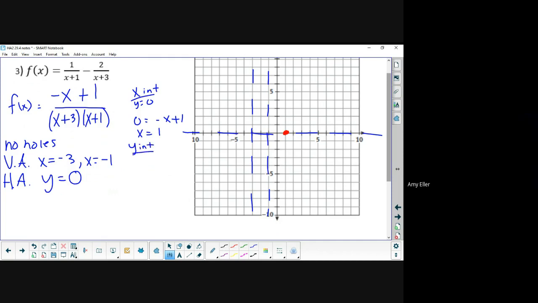Do your work and make sure your work is neat so that I can follow it if you make a mistake, because there's a lot of work.